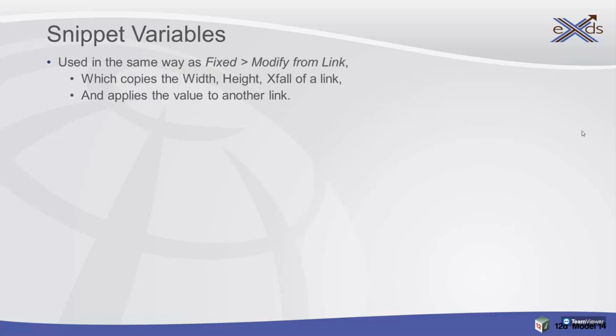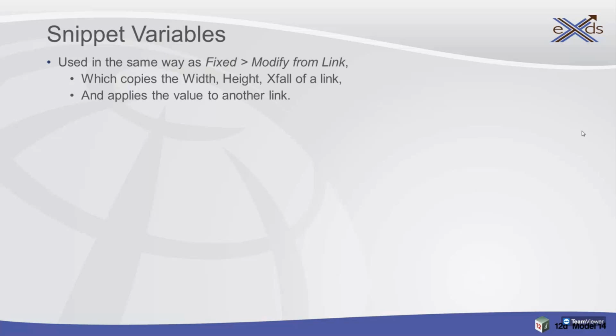Variables are a bit more dynamic. They started out a lot like what used to be the old copy command, which got changed to modify from link, where you can copy the width, height and crossfall of one link and apply those values to another link. And that's a fairly dynamic value because obviously the width of a road can change, the crossfall can change with super elevation, all that type of thing.